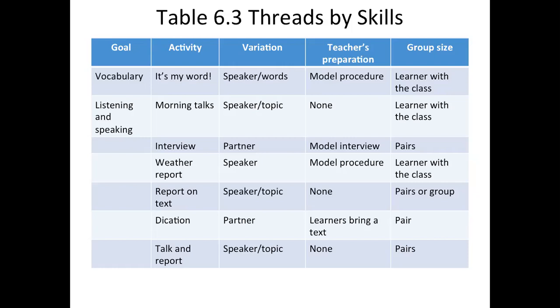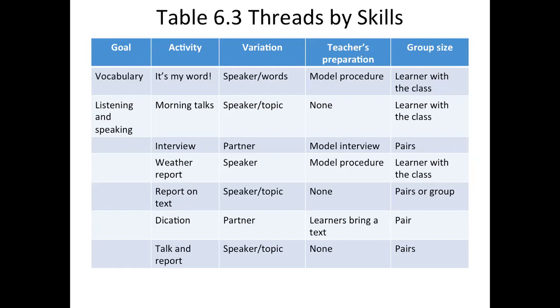Even though we have what we call the small group interview, where one interviewer may have 3 or 4 interviewees, in the development of listening and speaking ability, probably only pairs, one-on-one, are used. Other activities like weather report on text, dictation, and talk and report may be effective enough in developing the listening and speaking skills of the learners.